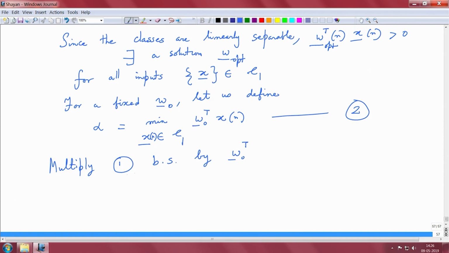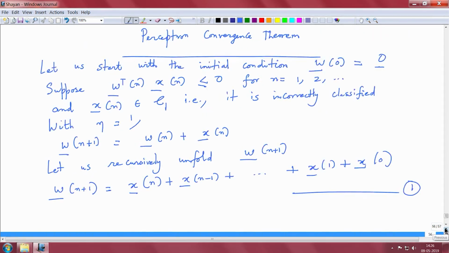So, what we get is the following when we multiply equation 1 both sides by W naught transpose. Let us look back into the previous slide. We have this equation here, if you can recall. So, you multiply this equation 1 by W naught.